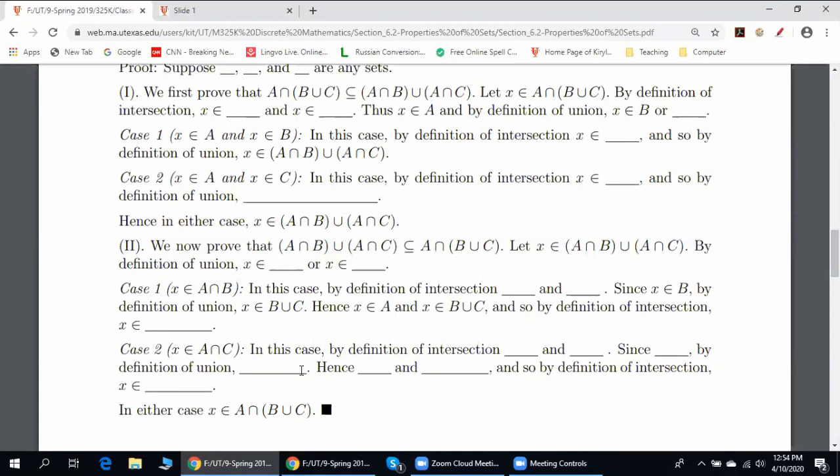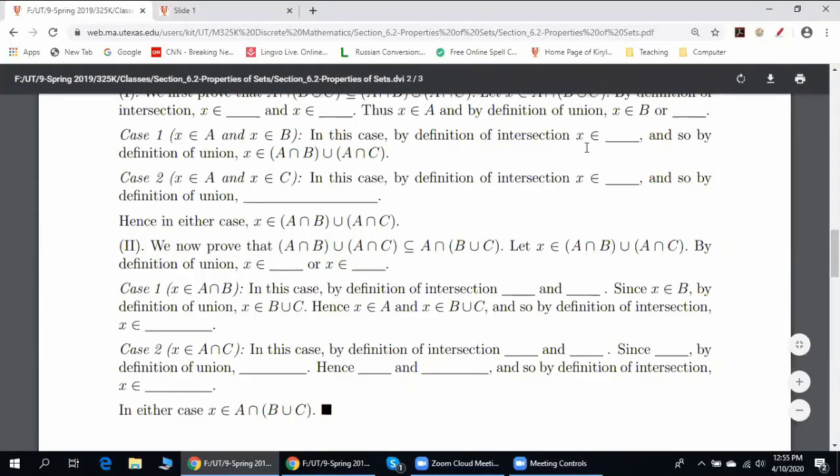Then you can just say hence X in A and then X in B union C. Hence, and then we copy same thing. And then by definition of intersection, X will be from A intersection B union C. Okay, got it. Thank you.